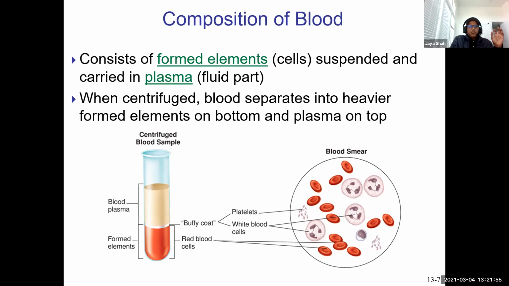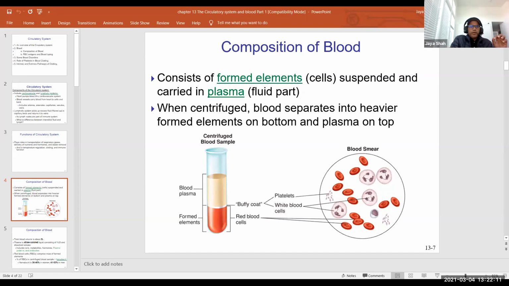The red blood cell portion of the formed elements is called hematocrit. The percentage of red blood cells in centrifuged blood is hematocrit, which is around 45, 46%.